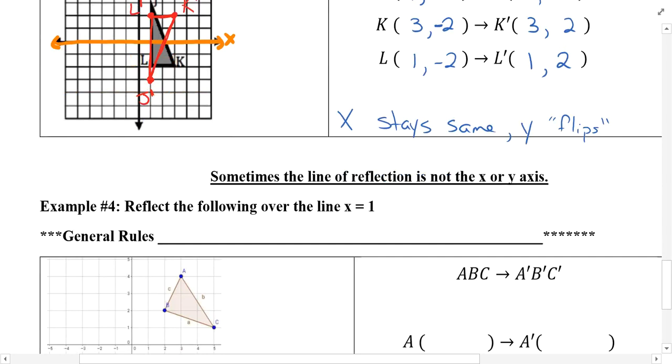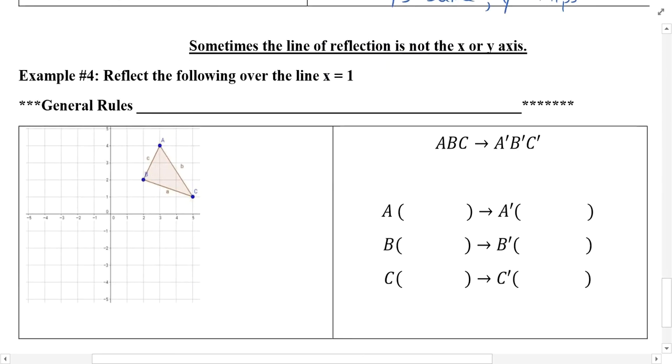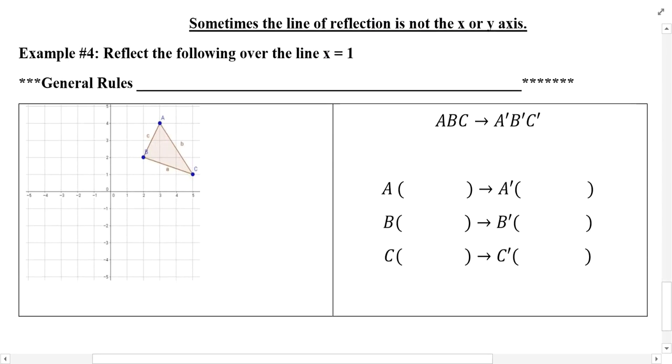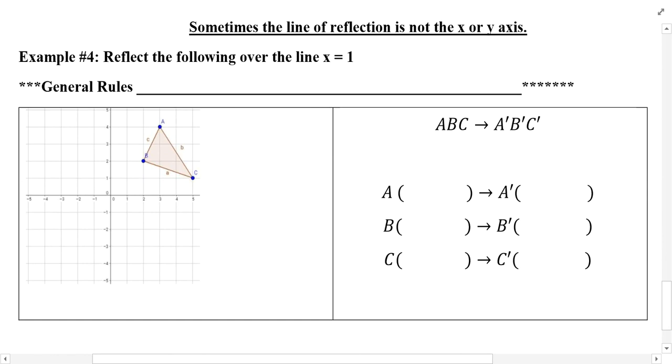All right. Then we also have some additional examples. Just as I said at the beginning, your line of reflection will not always be the x and y axis. You can have an infinite amount of lines that you could reflect a figure over, and this is one of those examples. So here it says to reflect the following over the line x equals 1. Okay, so we need to identify what is the line x equals 1.